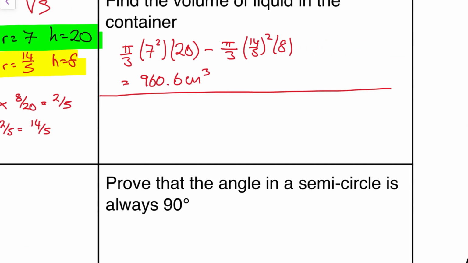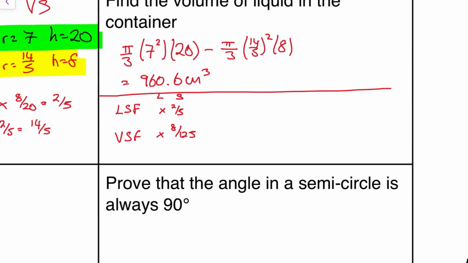So I know the length scale factor from large to small is times by 8 over 20, which is 2 over 5, which means the volume scale factor is a cube of that. So that is times by 8 over 125.